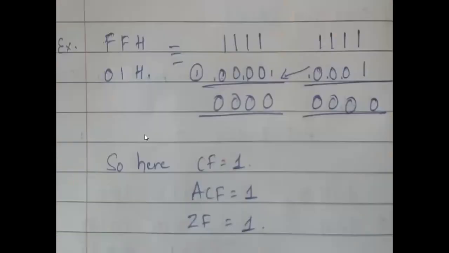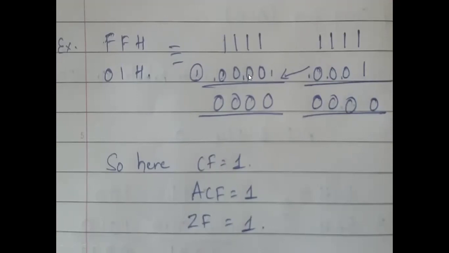Second example for the zero flag: I'm adding two 8-bit numbers, FF and 01. First, I will represent them in binary. 1 plus 1, 0 and carry 1.